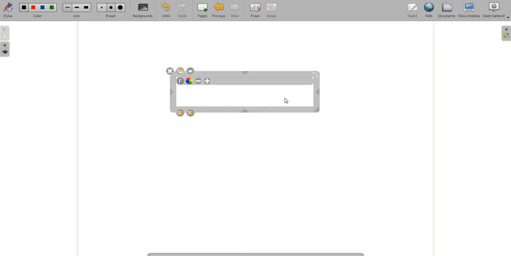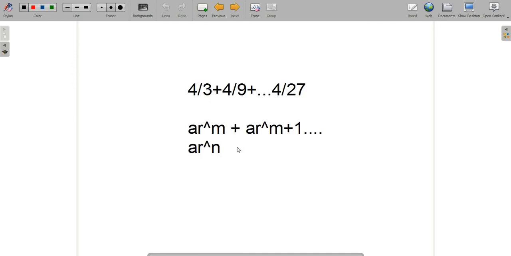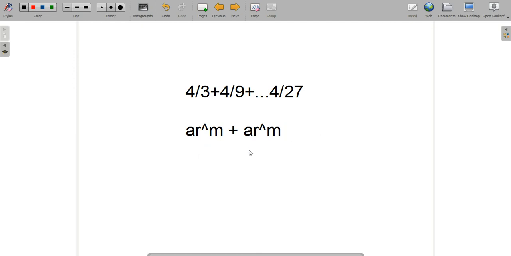So let's go back to the example here. So the geometric series, it's really just somewhat of a ratio, I guess. Okay, so now it's 4 over 3 minus 4 over 27, but you raise it to an extra power.